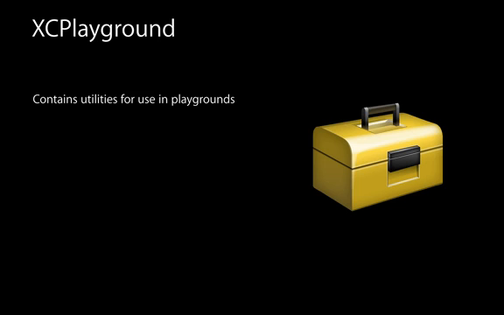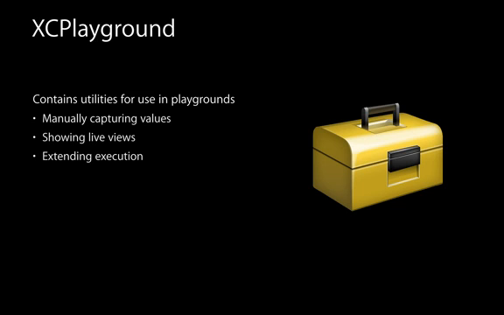With Playgrounds, we're shipping a new framework called XCPlayground, and it contains some very useful utilities for enhancing your playgrounds. Right now, we have API for manually capturing values to display in timeline items, showing your views live, and extending execution for asynchronous code. Right now, we're going to use the API for manually capturing values. That API is called XCPCaptureValue.